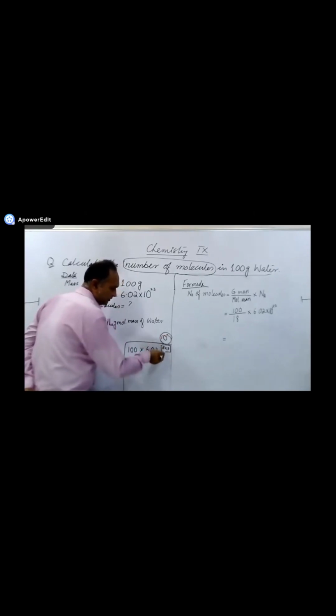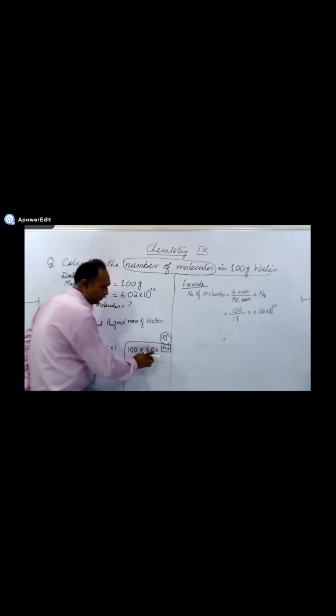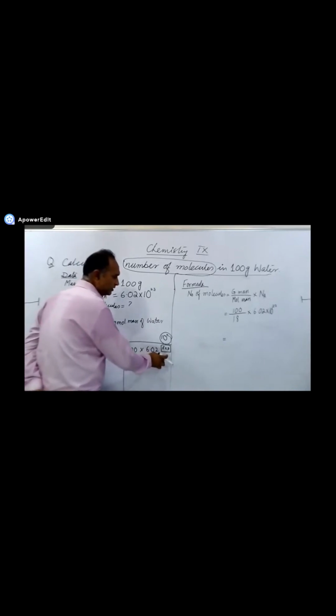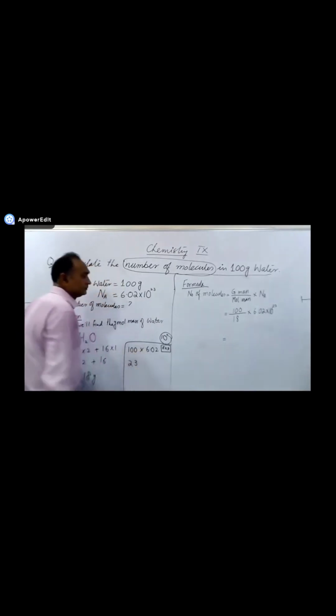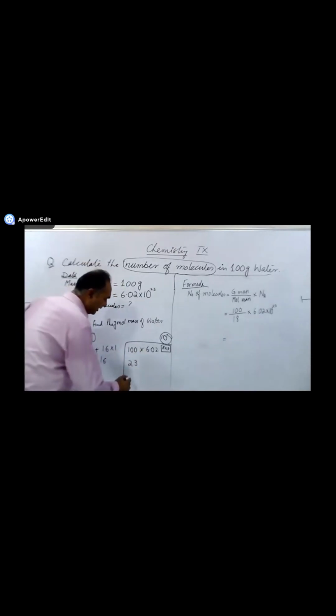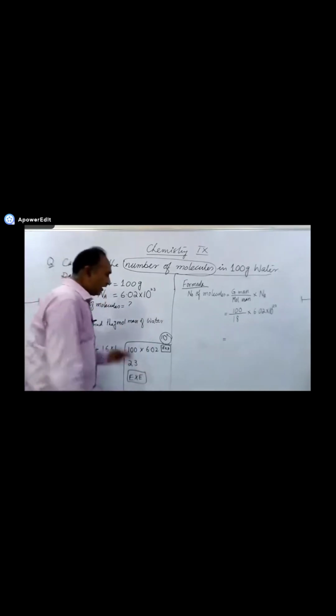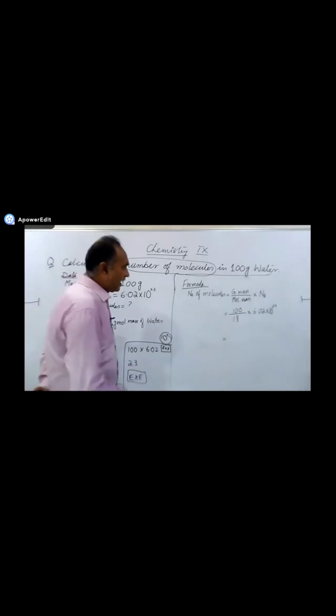You will enter 6.02, then press the button exponent or this button if you have in your calculator. Then you will write 23 only, and then you will press execute.